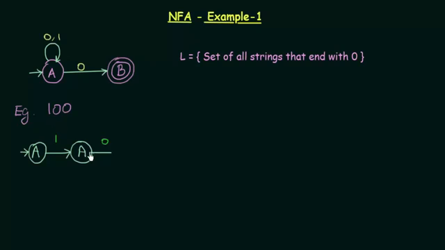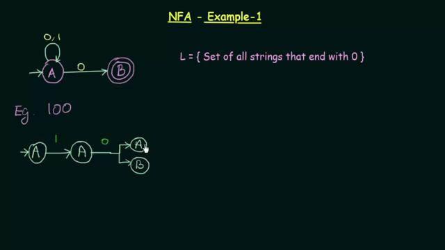So on getting input 0, where does A go? A goes to A itself, and also A goes to B. There are two transitions. A goes to either A or B on getting input 0.